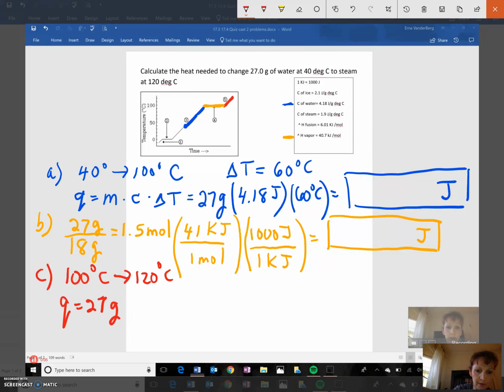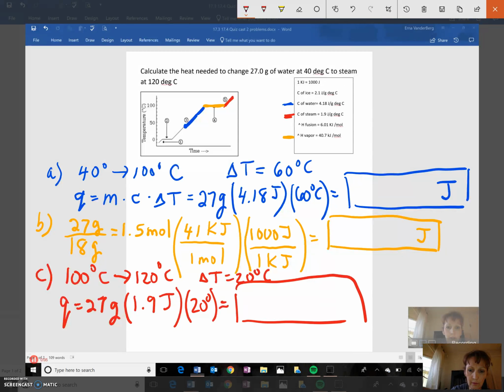It's 27 grams, but C of steam is quite a bit lower than C of water, so I'm going to multiply by 1.9 joules per gram degree Celsius. The change in temperature is 20 degrees Celsius. And I will get a Q value for part C.